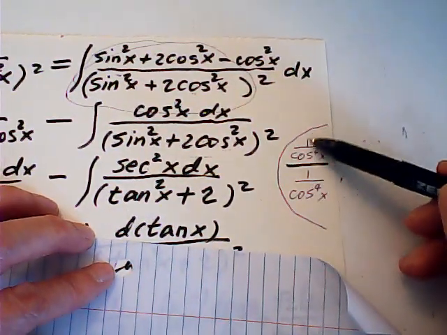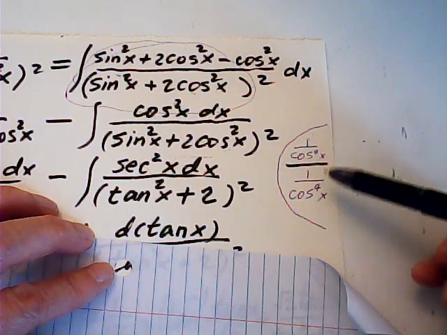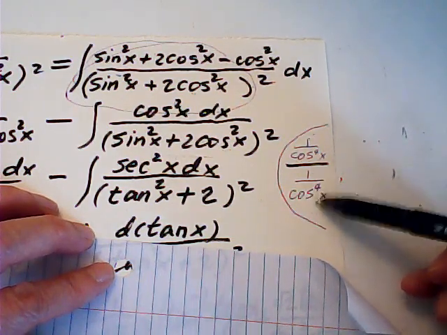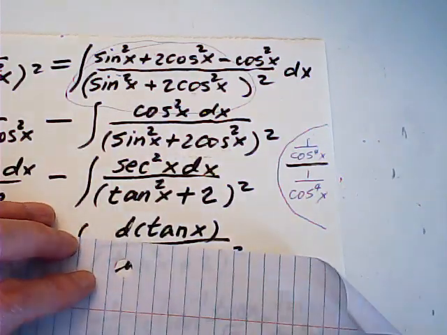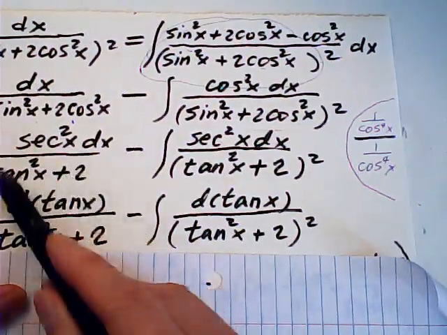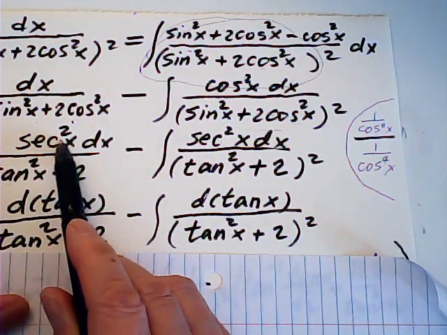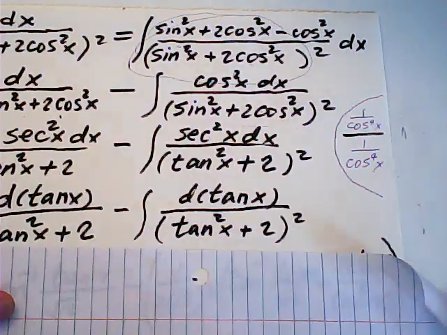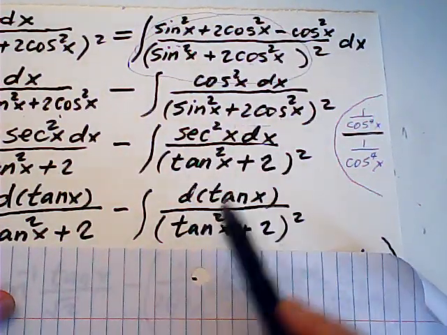I multiply by 1 over cosine fourth over 1 times cosine fourth. It becomes this. And then this one, I change it: secant squared dx is d tangent. Secant squared dx is this.